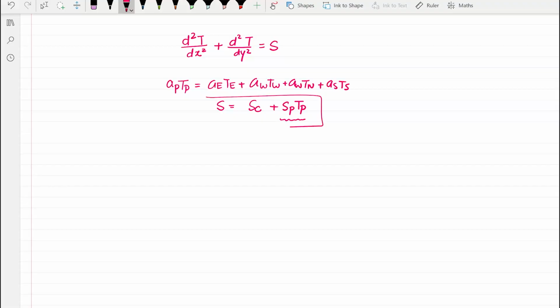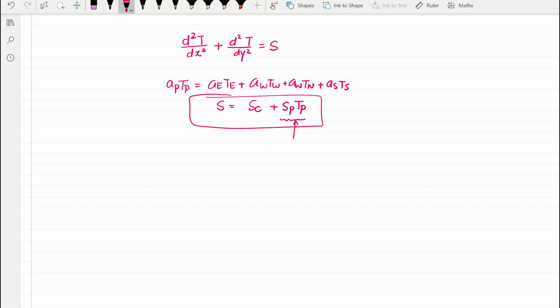So what we do is we try to write that source term in this particular fashion, and we say that if the source term is a linear function of TP, then we can still use our existing formulation. So we don't have to modify our formulation.